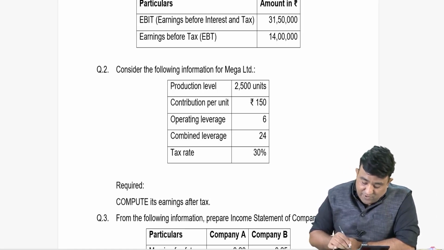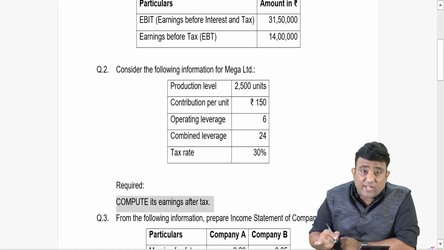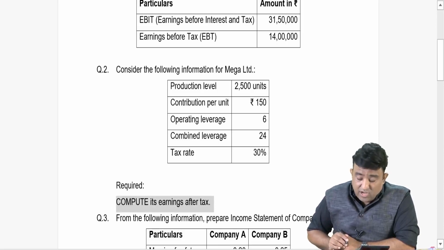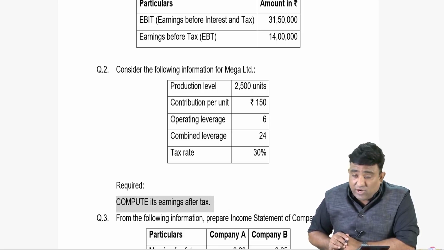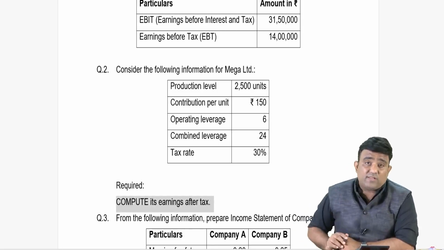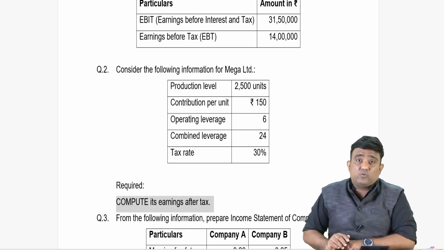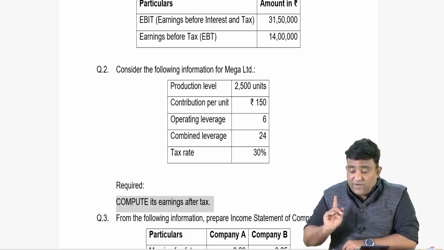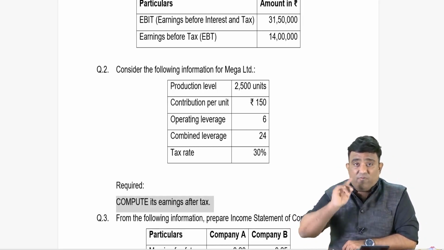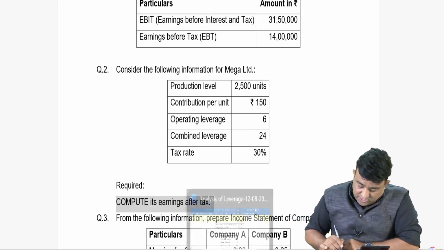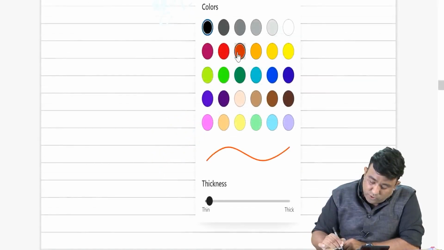Tax rate 30%. What have they asked you? Calculate earning after tax. Student, they've asked you profit after tax or earning after tax. Question starts. From where should we start? Students, every time you are not supposed to prepare a full-fledged format.